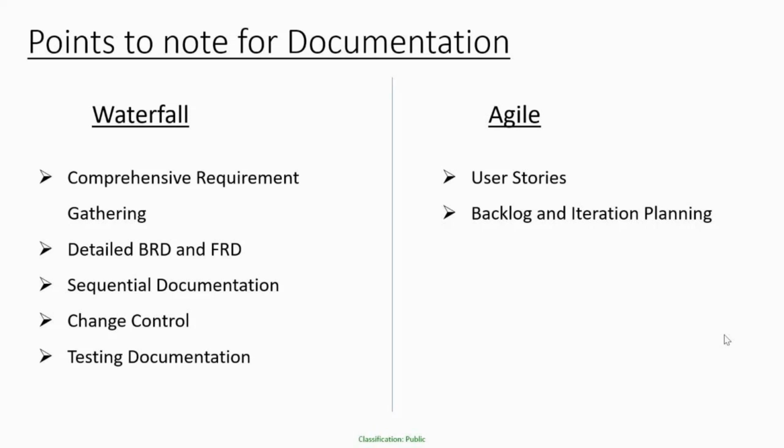So having this backlog and iteration planning in place, and working on it much before even the development team is ready to pick it up, becomes very important. And making sure that for those user stories which are supposed to be taken up by the development team for the next sprint or the sprint after that, you have kept all the details ready from your side at least. Okay, that is something which you should ensure.